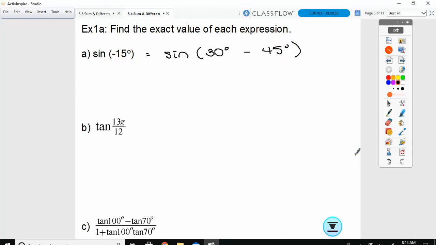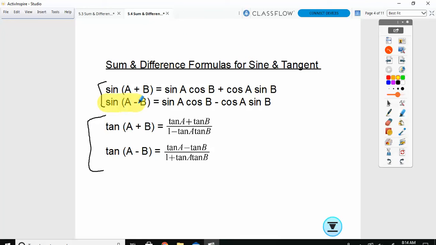Okay, one thing I want to caution you on, we aren't treating this as a negative 45. We're looking at the fact that this is a subtraction means I have to use the subtraction formula.